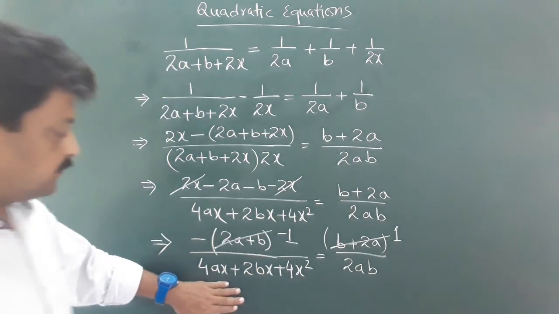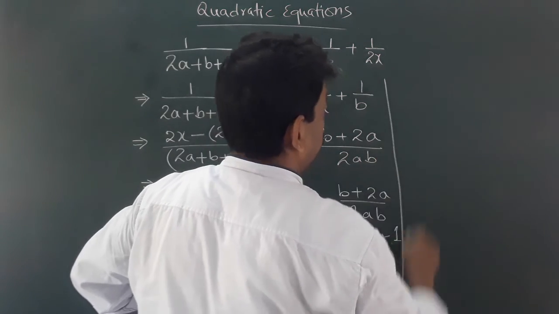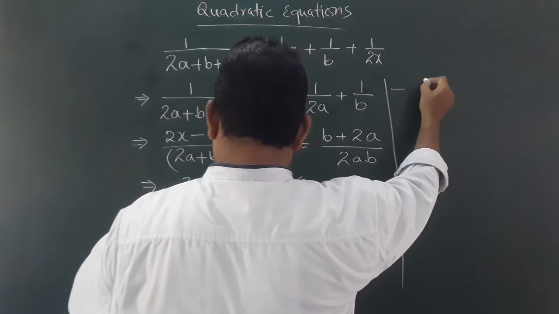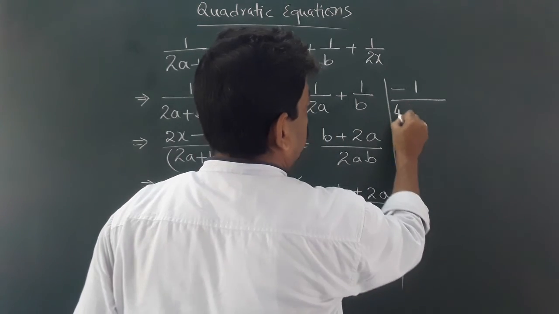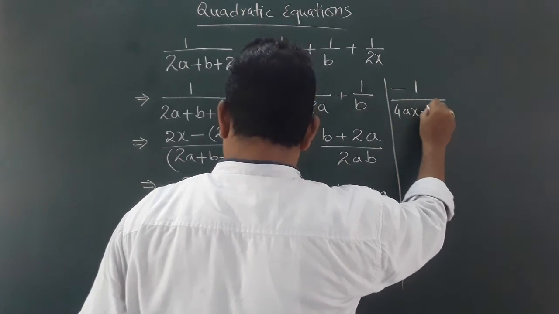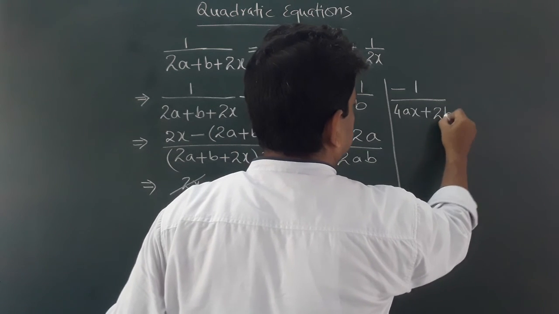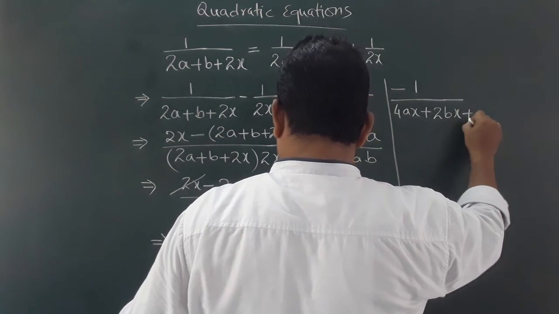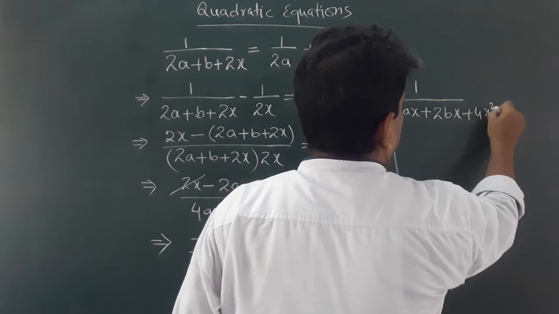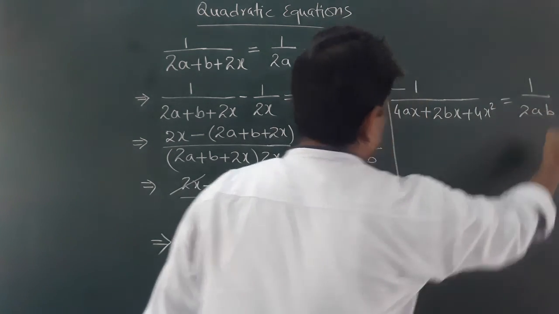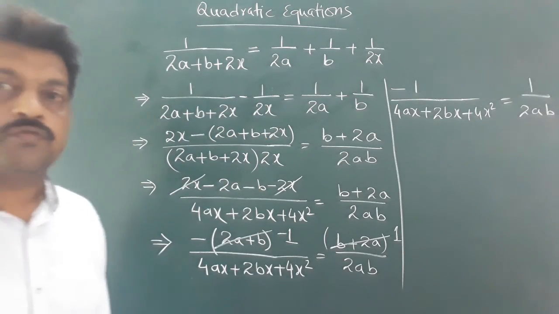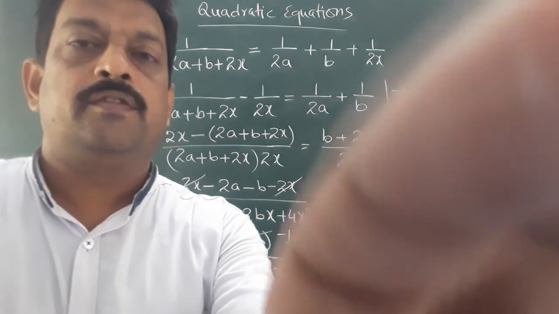So what is left here? Minus 1 upon 4ax plus 2bx plus 4x squared equals 1 upon 2ab. Only these things will be left.